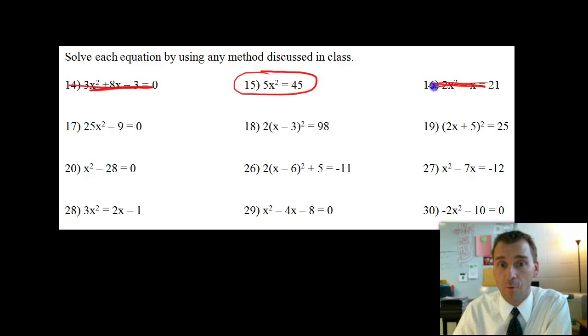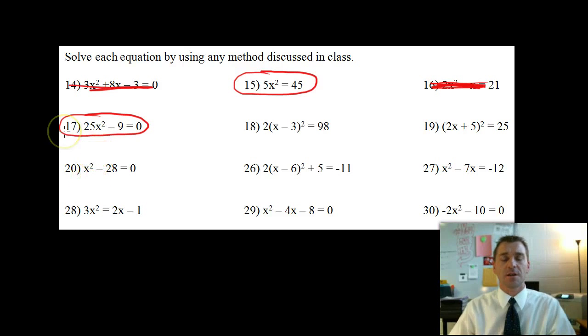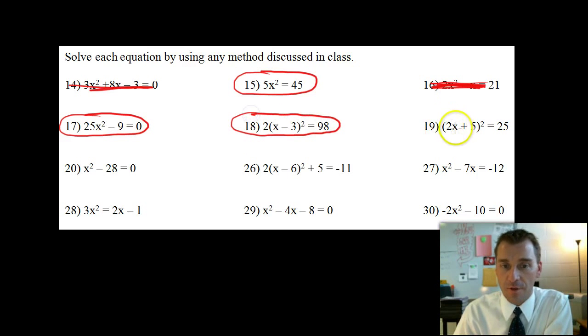There's two here, so that would not work. This would work because there's only one visible x. I know it's x squared, I'm not talking about that. That's why it's visible x in quotation marks. So that one right there, I'd use the square root method.